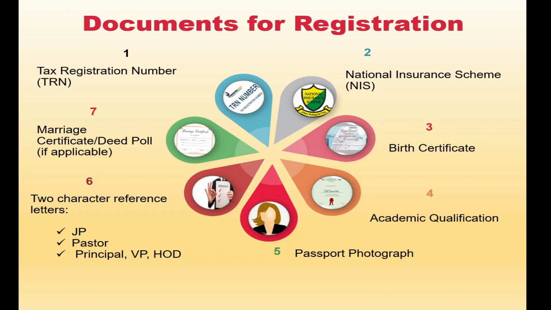What we have also added to the list is an affidavit form, and this will replace the 2 written character references, because we know sometimes it is very challenging to get these references when we request them. And so we have included an affidavit form that can be signed by your principal.